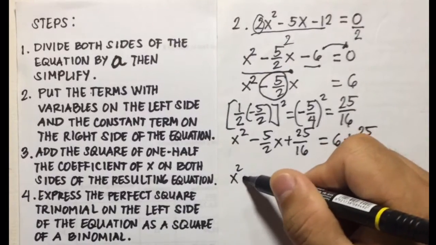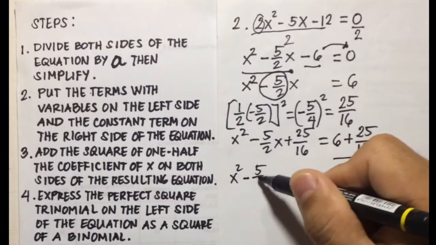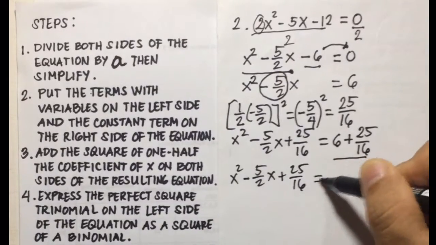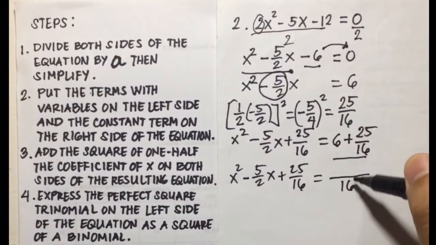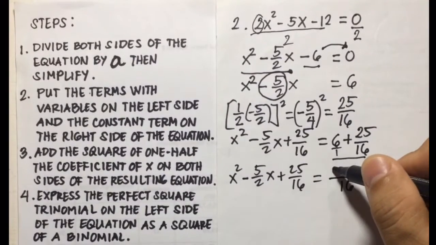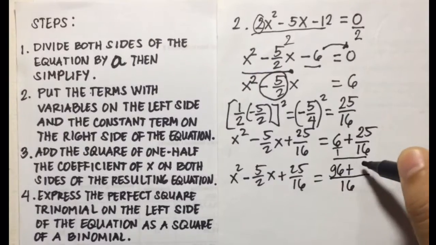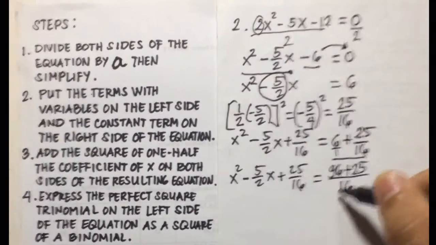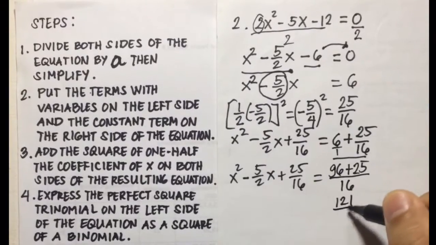So x squared minus 5 over 2x plus 25 over 16 equals LCD is 16. So 16 divided by 1 is 16 times 6, that will be 96 plus 25, and the answer will be 121 over 16.